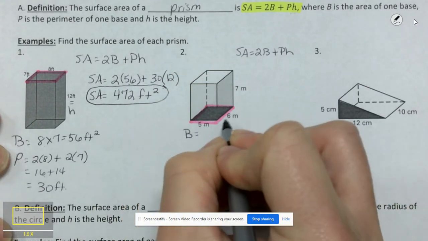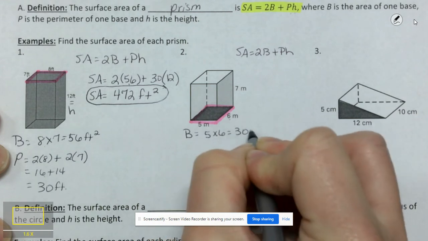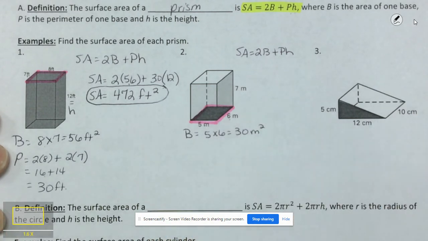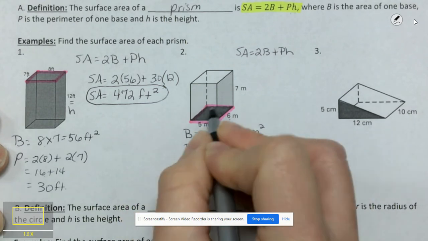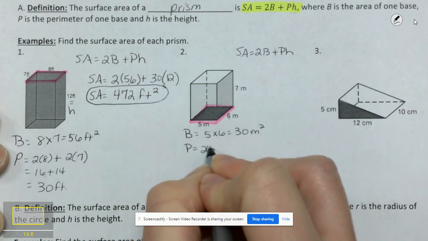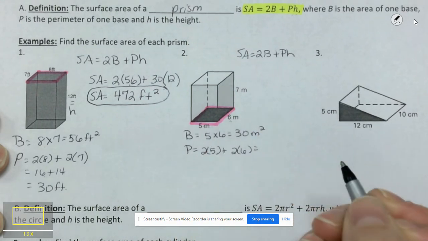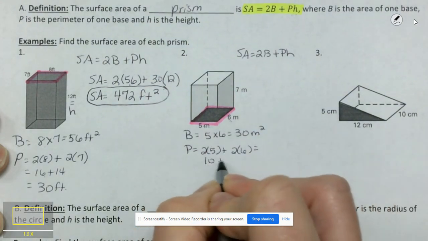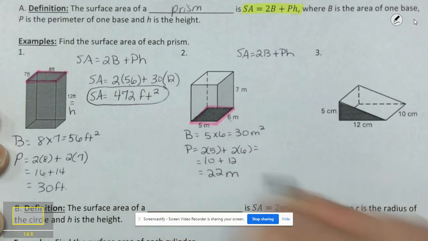That's 5 times 6, which is 30, and that's meters squared. Then our perimeter: we have 2 sides that are 5, plus 2 sides that are 6. So that's 10 plus 12, which is 22 meters. So our perimeter is 22 meters.